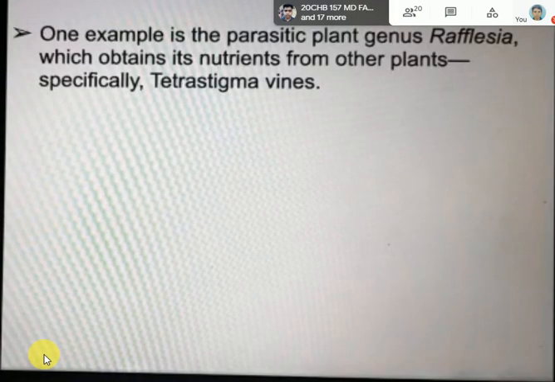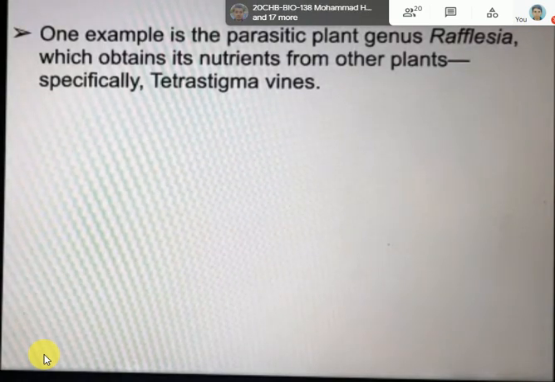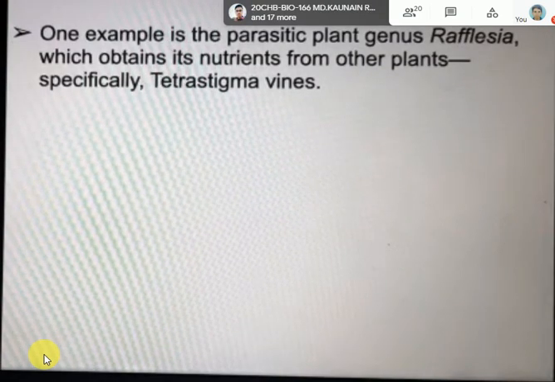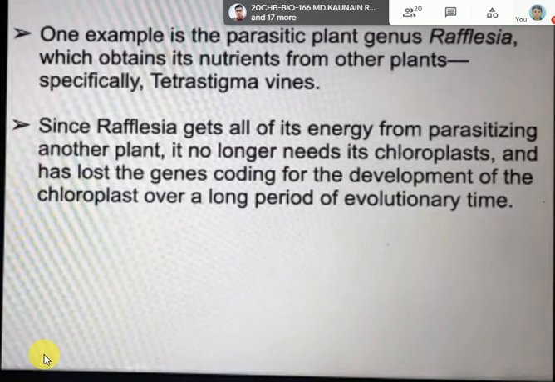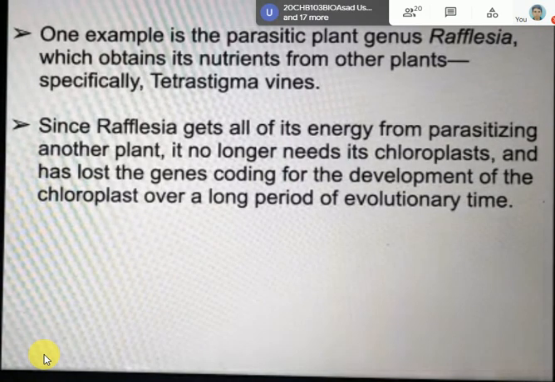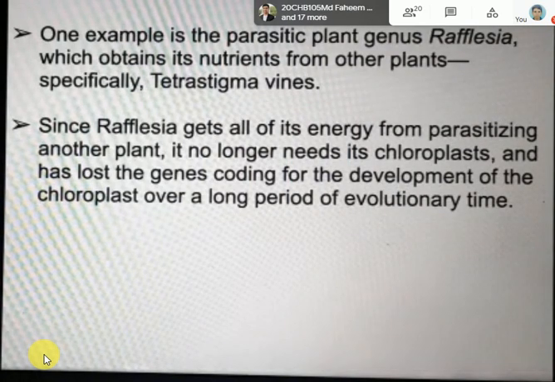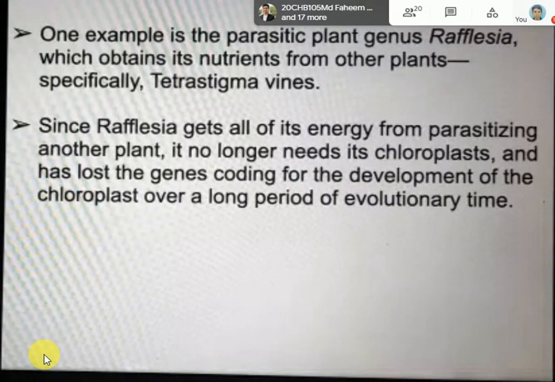One example is the parasitic plant genus Rafflesia, which obtains its nutrients from other plants, specifically Tetrastigma vines. This particular plant, Rafflesia, you have learned a lot about during the course of your study from 11 to 12.